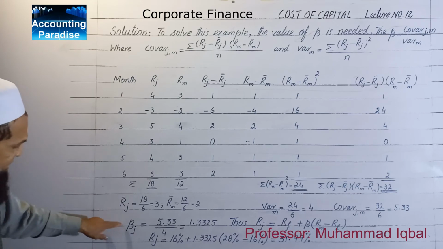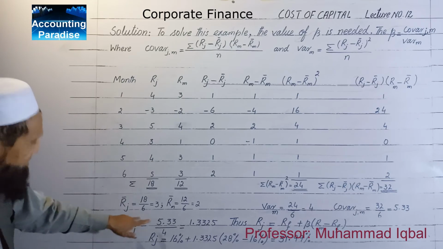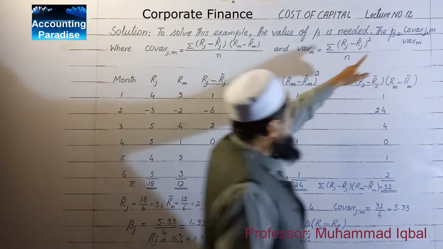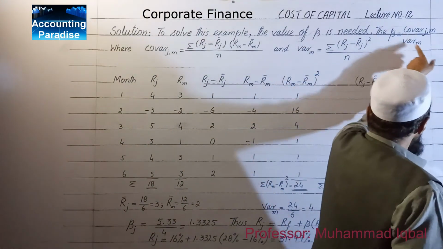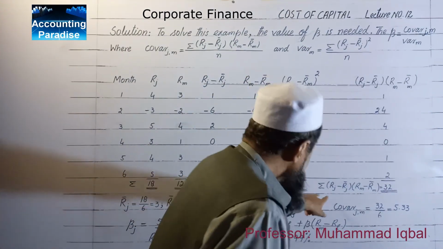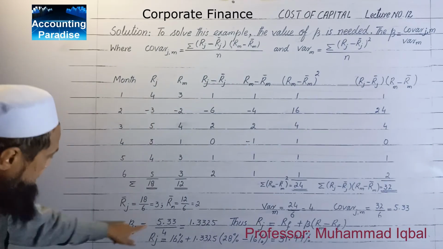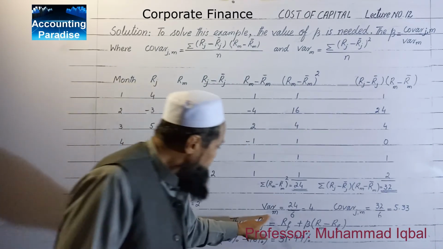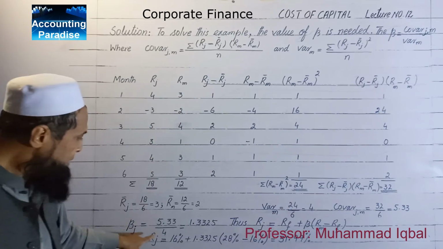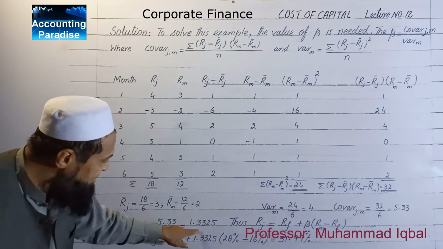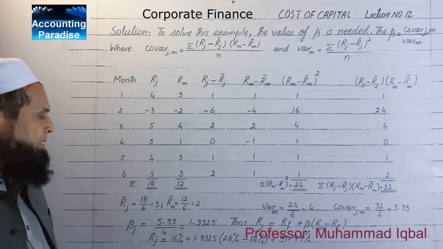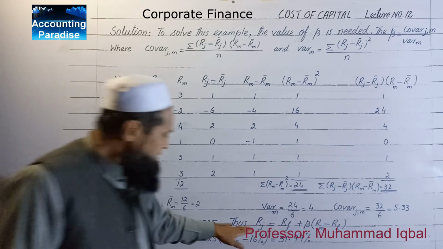Now what is equal to beta J? Beta J is equal to covariance Jm over variance M. Covariance Jm is equal to 5.33 and variance M is equal to 4. This comes to 1.3325.